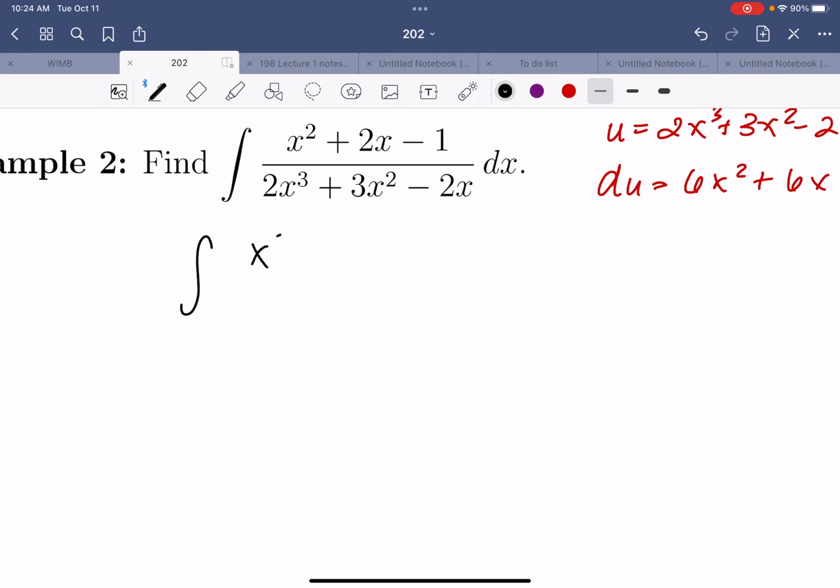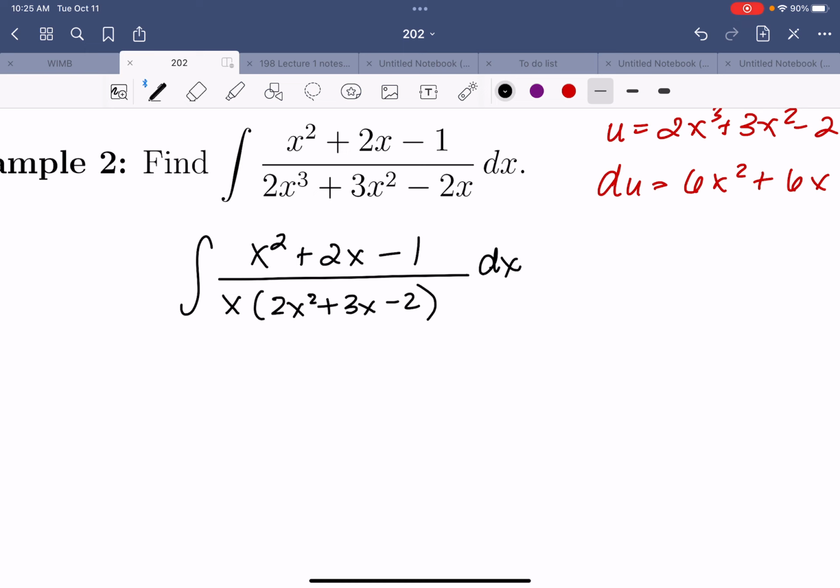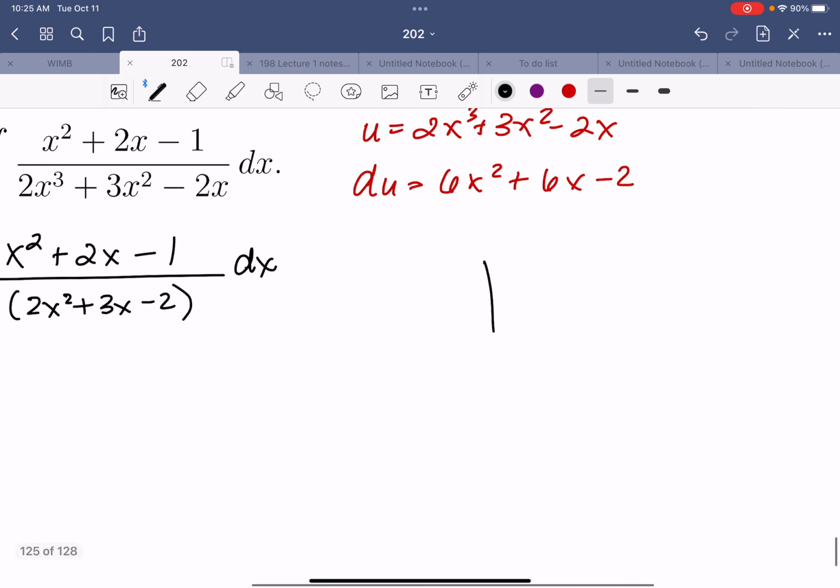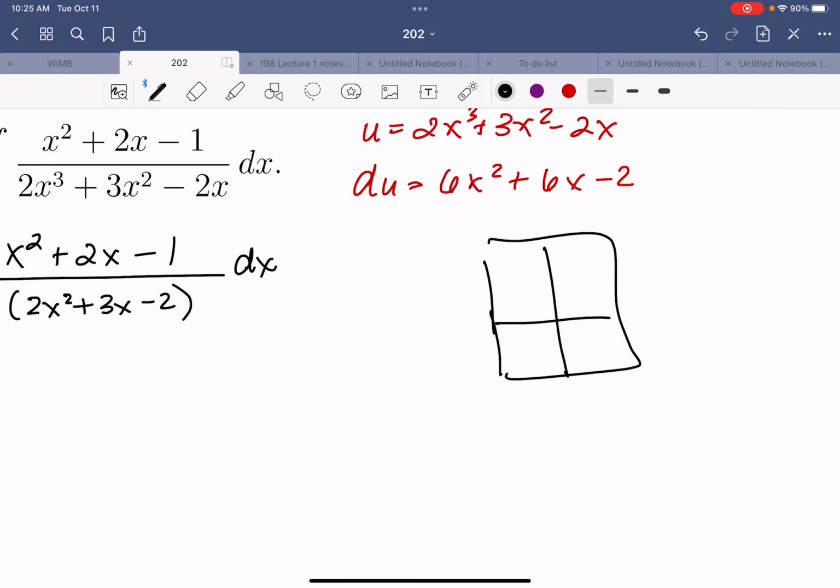So this becomes x squared plus 2x minus 1 all over, we're going to take out the x, that gives us 2x squared plus 3x minus 2 dx. Now you want to factor that denominator. So I'm going over here. 2x squared times negative 2, my magic number is negative 4. It's got to add to positive 3.